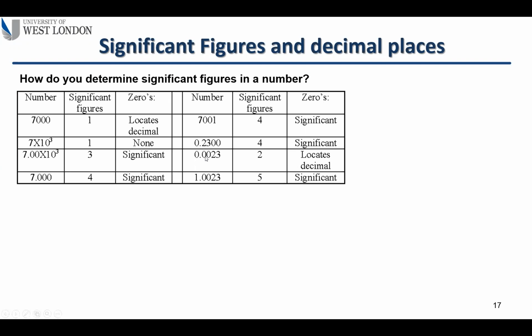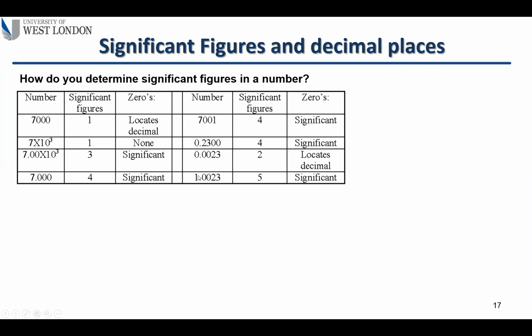In that case, the zeros after the decimal place are not counted as significant figures. So we have only 2 significant figures, because we can easily shift the decimal place 2 locations to the right and write it in the form 0.23 times 10 to the minus 2. So we have 2 significant figures here.